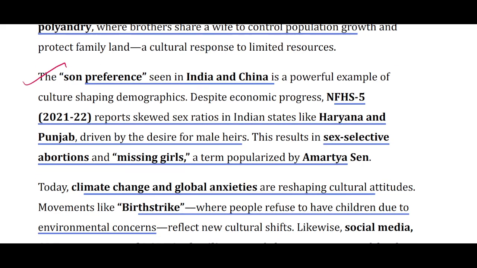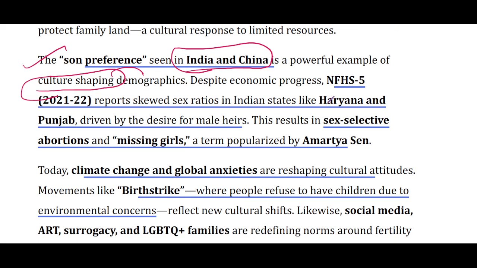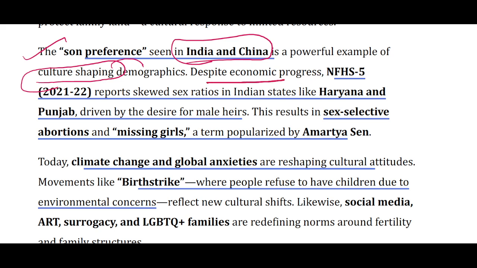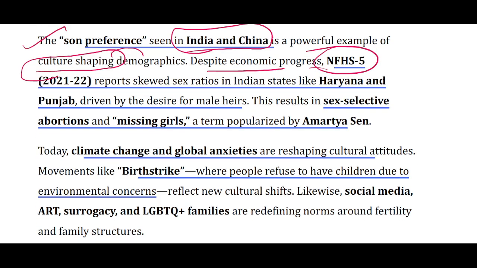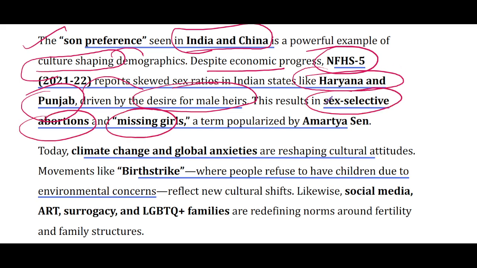Next, the son preference seen in India and China is another cultural pattern that shapes demographics. Despite economic progress, NFHS 5 data showed that rich states like Haryana and Punjab are driven by desire for male heirs, and this has resulted in sex selective abortions and missing girls, a term popularized by Amartya Sen.